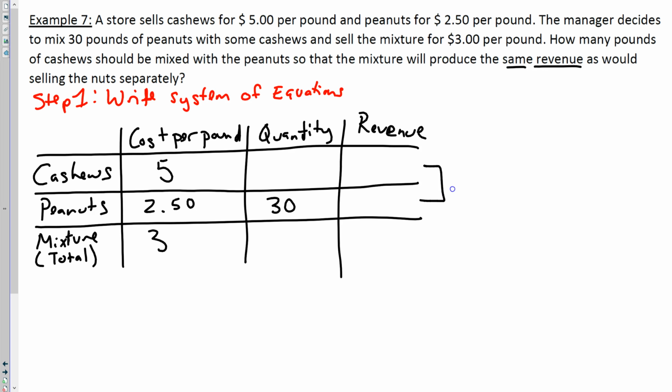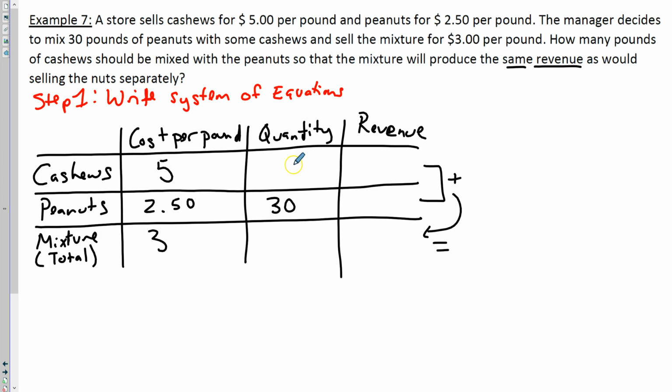And we want the revenue from the two categories, cashews and peanuts, to be equal to the revenue from the mixture when we get done. So all that I've done is taken my word problem and broken it into this table. I've rewritten all of our information into table form. And any blank values in our table indicate values that we either need to calculate or could represent variables for us. So what I can do is first look at the quantity amount.